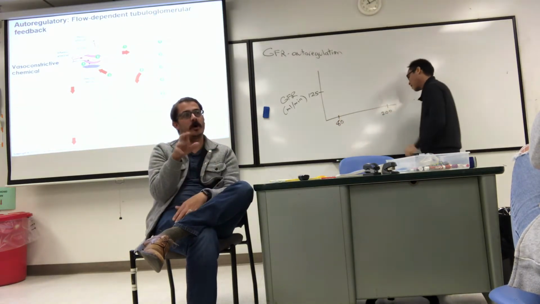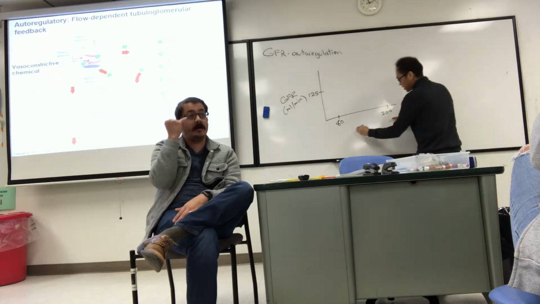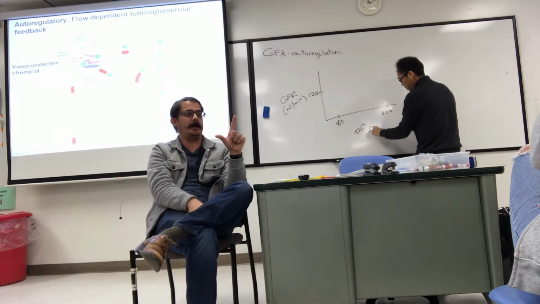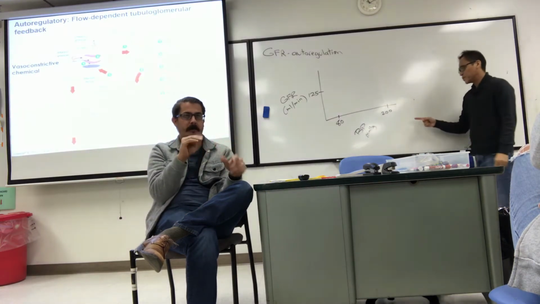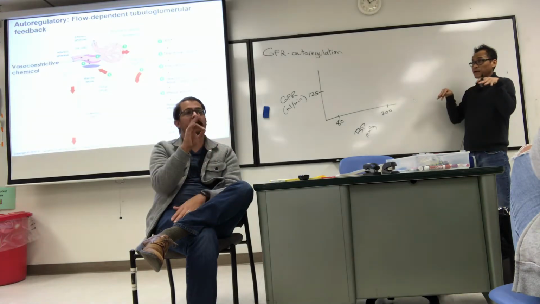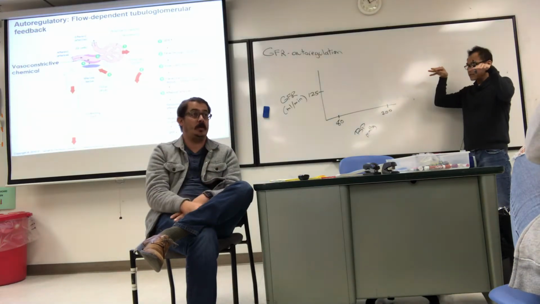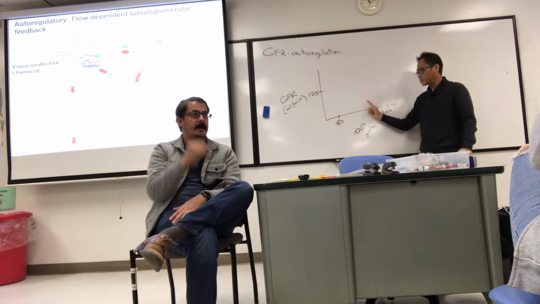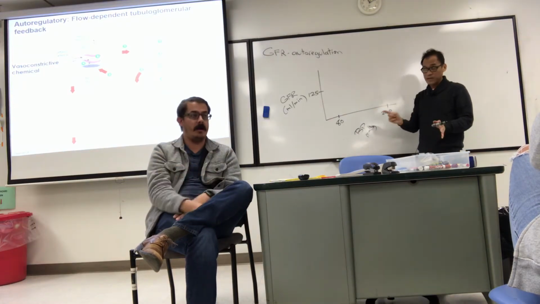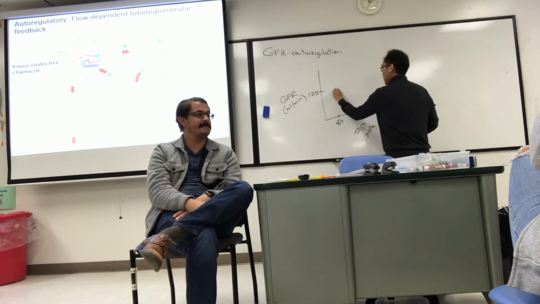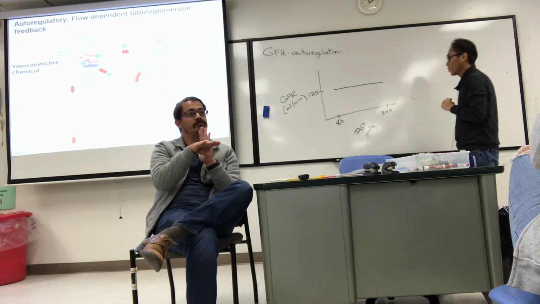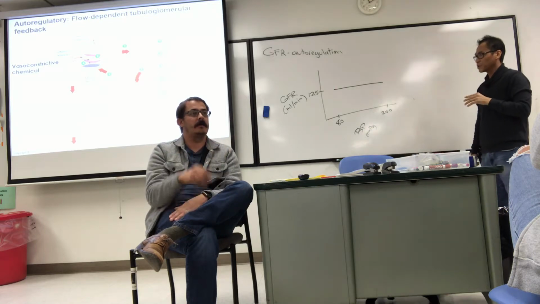With blood pressure on the x-axis in millimeters of mercury, if blood pressure gets really high, say 200, you would expect GFR to go super high, but it doesn't. And if blood pressure drops way low to 80, you expect it to drop off a lot. And it really doesn't. It pretty much stays on an even keel through a very wide range of blood pressure.